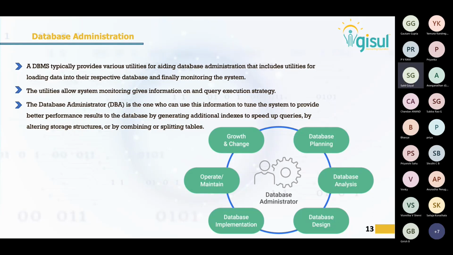Now, as a part of the database planning, once we have designed the database, the task which comes next is database administration. Why is it important to understand database administration also? Because when we talk about databases, typically the DBMS systems, they go through different life cycle phases: database planning, database analysis, database design, implementation, operation and maintenance, growth and change.